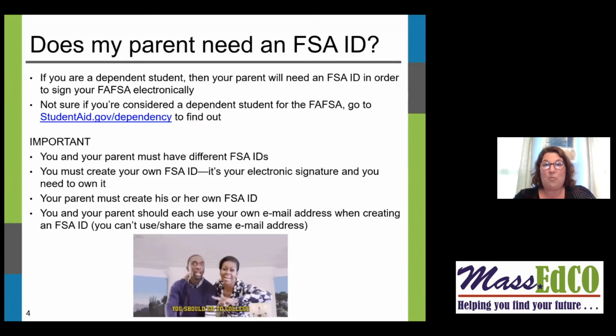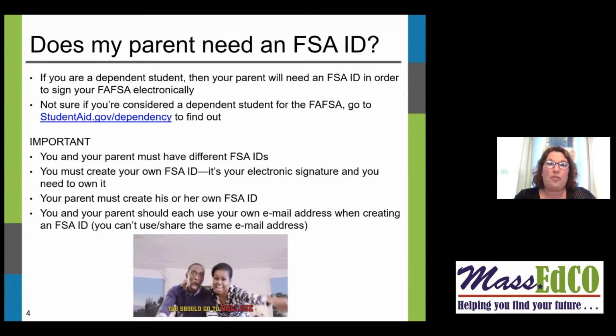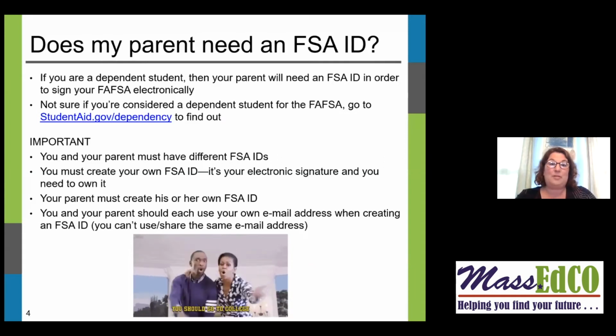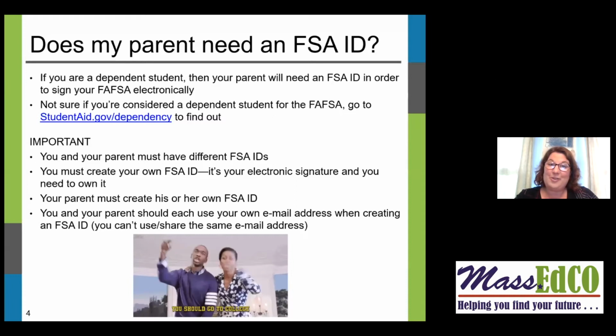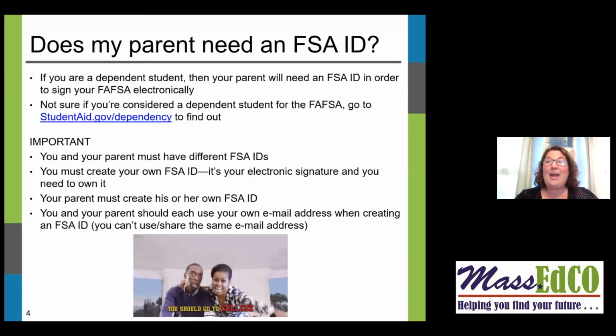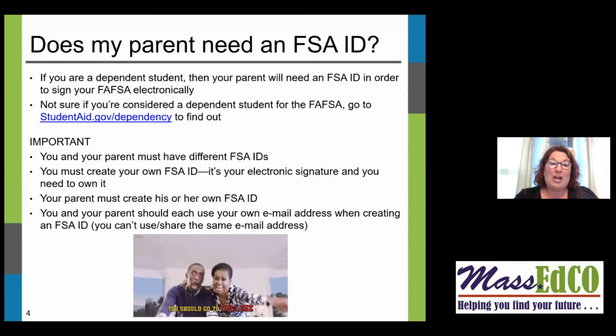Have that ready to go, because after you submit the FAFSA, your college will probably email you and ask you to verify that and provide those papers. If you're independent, you are the only one creating this FSA ID. For everybody else, which is the vast majority of the students that we work with, both you and a parent have to create one.